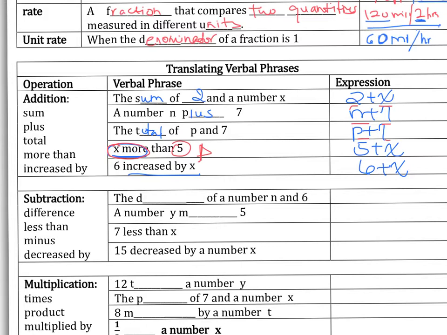Subtraction. The difference of a number n and 6: n minus 6. A number y minus 5. In an expression, you will write y minus 5. 7 less than x: since it's 7 less than this variable x, you have to begin with x. 15 decreased by a number x.